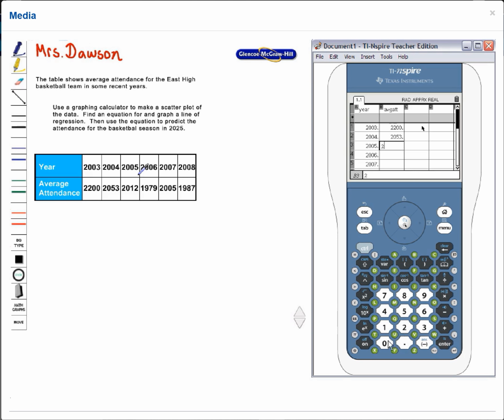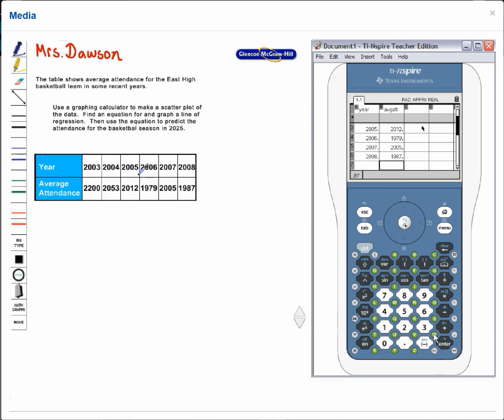In 2005, there were 2,012. In 2006, 1,979. In 2007, there were 2,005 people average attendance. And in 2008, there were 1,987 people in the average attendance.